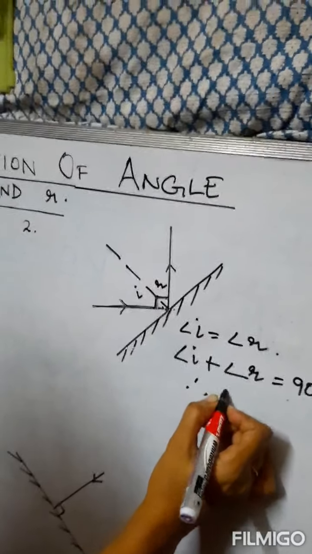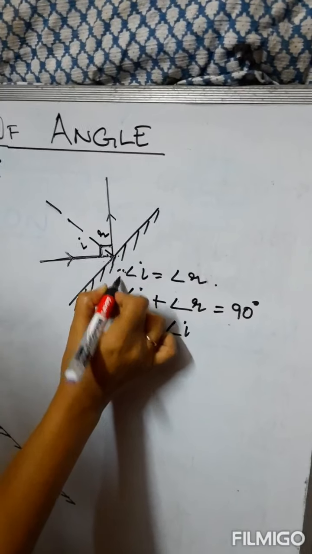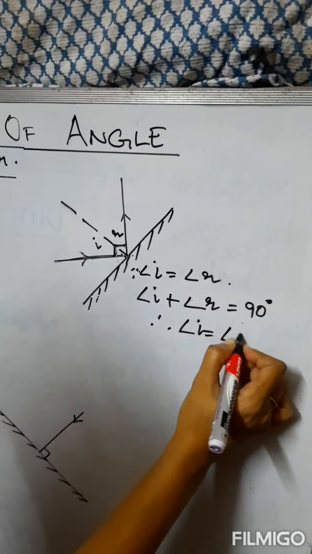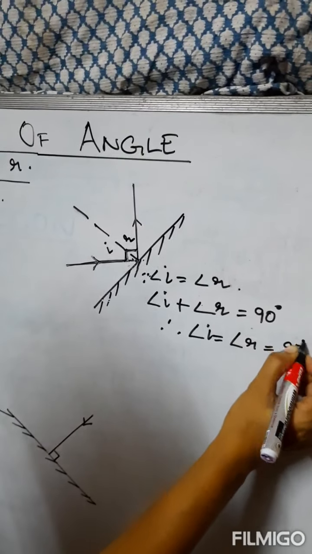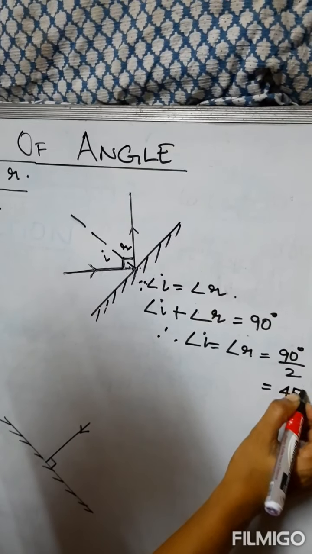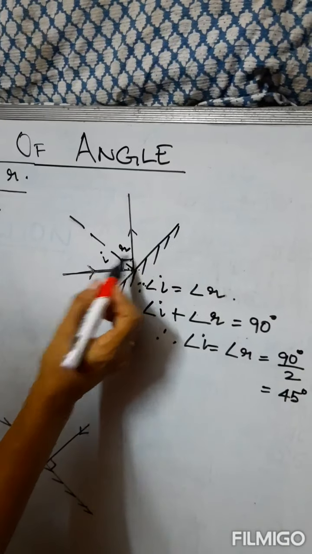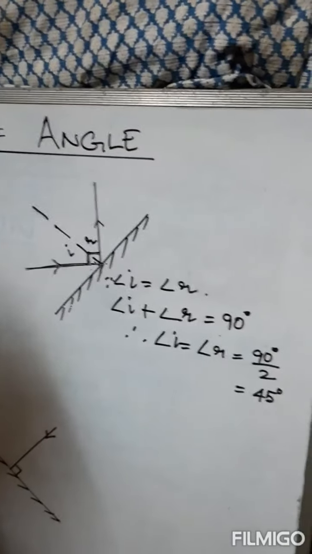Therefore, angle I equals angle R equals 90 divided by 2, that is 45 degree. Each is equal to 45, so when we add, we get the 90 degree.